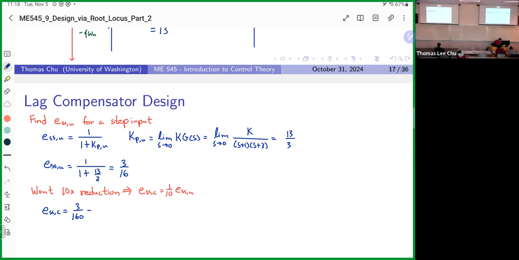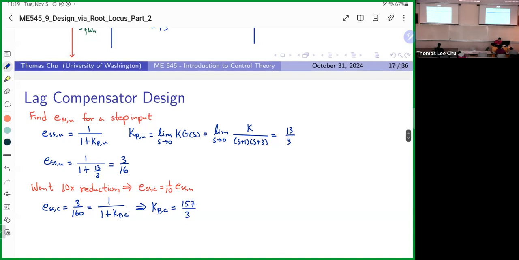And then that's going to be equal to the steady state error equation for our compensated system, which is going to be 1 over 1 plus KPC. So this is now with our compensated system. And we find that KPC is equal to 157 over 3. So you notice that the gain is much higher.